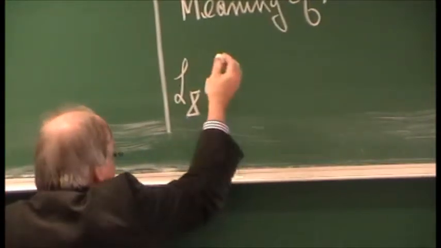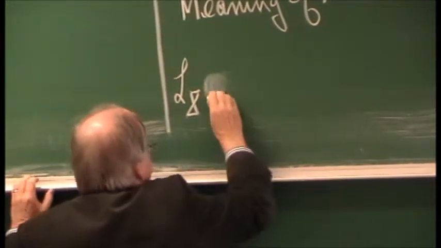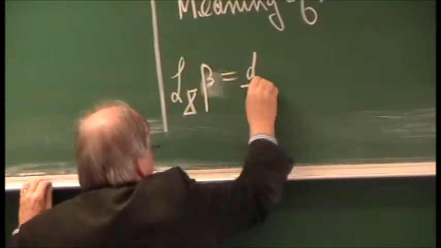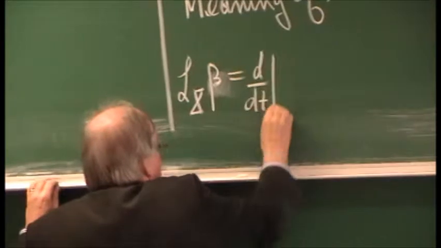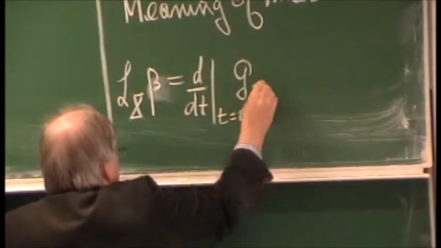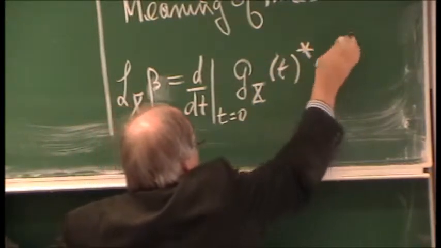And I'm honest to admit, I quite often mess up the signs, but I usually check. So the Lie derivative of X of any form, let me just write any form here, beta, equals: you differentiate the form as you move it with the one parameter group by pulling back.